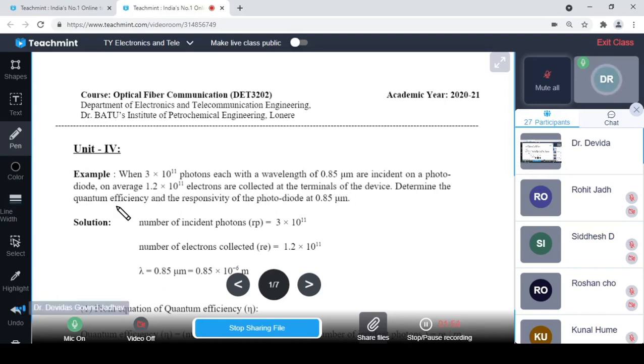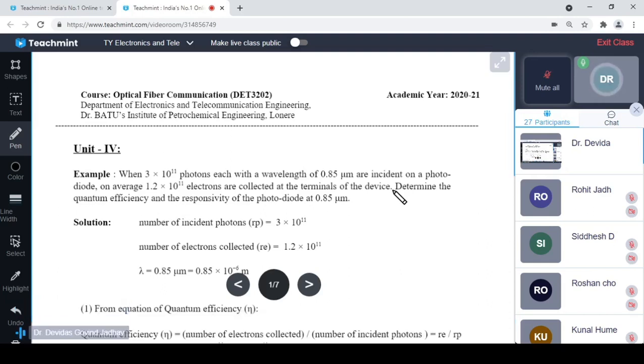Determine the quantum efficiency and responsivity of the photodiode at 0.85 micrometer. Quantum efficiency is always mentioned with respect to wavelength, in micrometer. So let us solve the numerical.